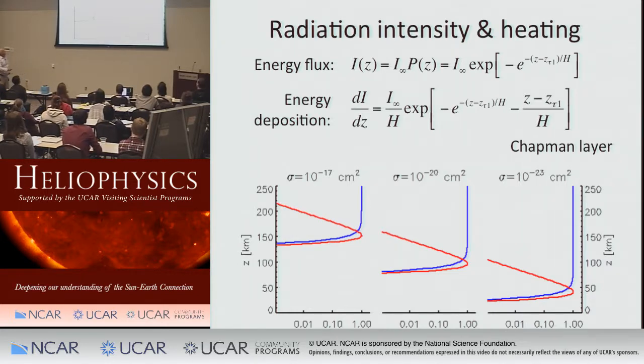Here, now I've plotted this on a log scale, so the wicked fast drop-off looks even wickeder faster. And the red is that derivative. And what's even more interesting about this function is how that derivative sort of has a very hard bottom and then falls off in the top. This is the amount of energy that's being deposited as a function of height if my cross-section is that. This is where the energy is being deposited.